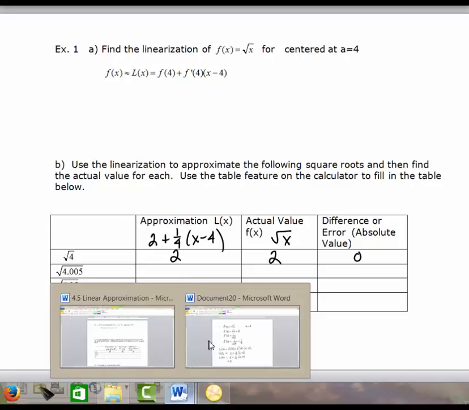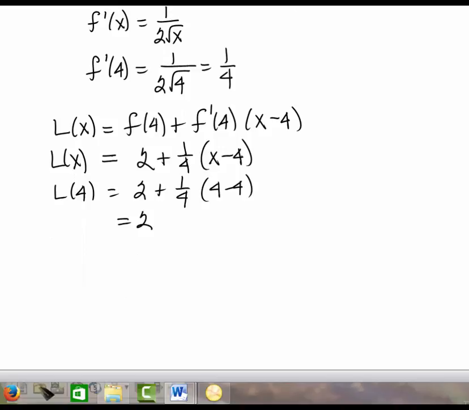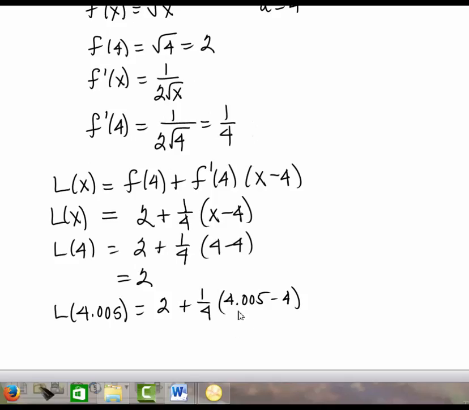So L of 4.005 is going to equal 2 plus 1/4 times x minus 4, so this would be 4.005 minus 4. So we would get 2 plus 1/4 times 0.005.